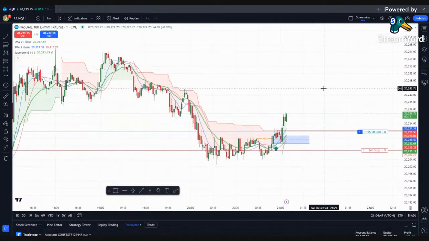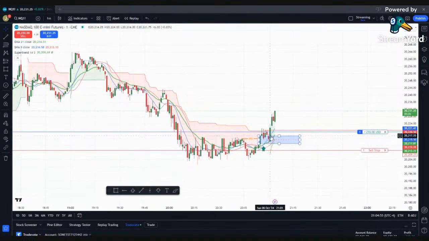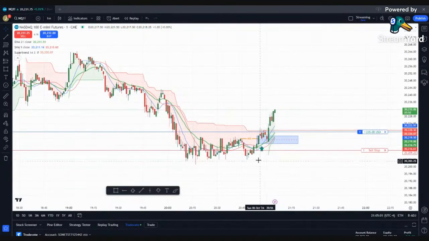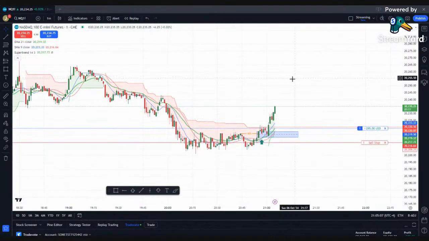Now I have a tip for you guys. This is a reversal move. Sometimes during a reversal, the fair value gap, more often than not, is not going to be mitigated because of the sudden displacement, or the rally of a buyer.